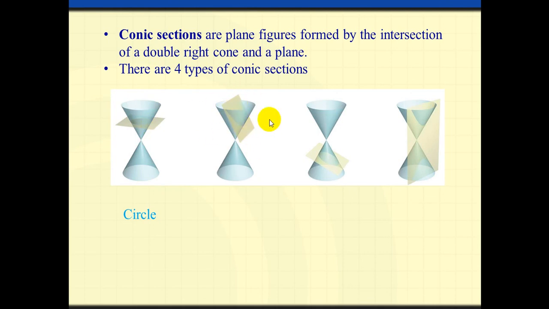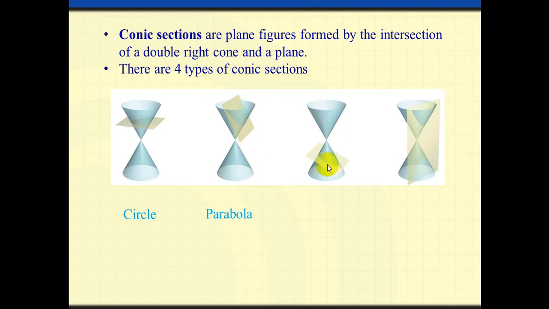Second figure, if the intersection is this way, we obtain a parabola. The parabola is generated when the plane is tilted so it is parallel to one generator only and intersects one nappe.